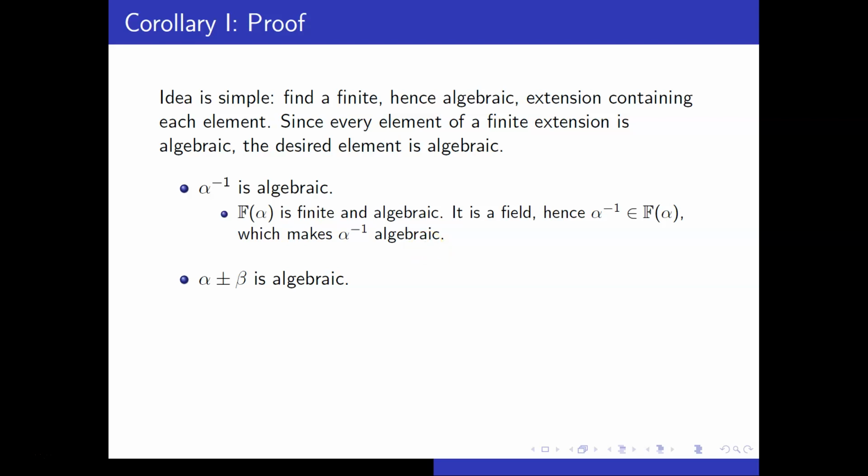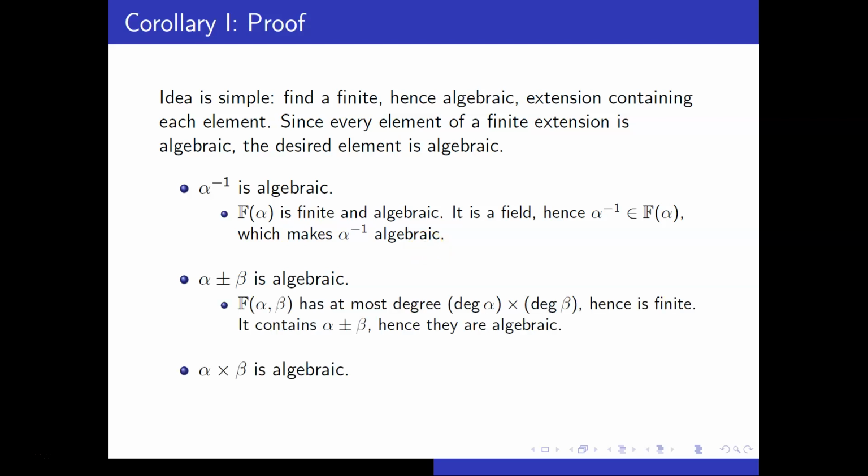Now, for alpha plus or minus beta, okay, well, last time we saw that when you successively take fields, their degrees multiply. Now, if I take the field with alpha and beta adjoined, well, that's at most the degree of alpha times the degree of beta. It could be smaller. Beta or alpha could factor over the other. We don't know. But it doesn't matter because this is still finite.